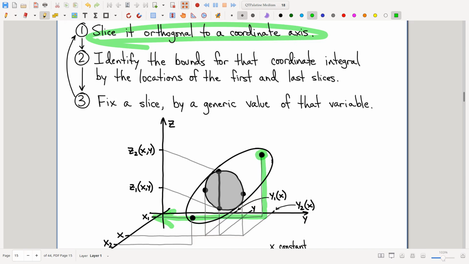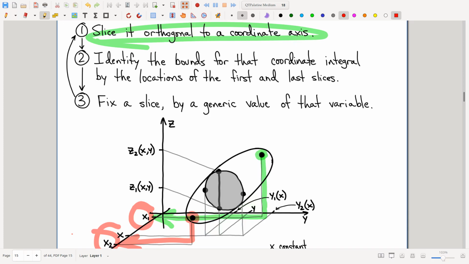And then the last slice, I'll use a different color, is going to be this front little point. That's where, as I'm slicing, that's the last one that touches it at all. Everything else is a swing and a miss. So you can see that from the picture. Depending on the geometry, you can figure out where these points are. You can solve for these bounds, whatever they end up being.